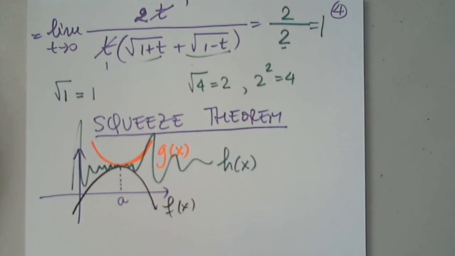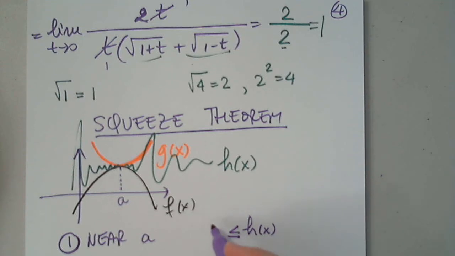And hypothesis number one. From the graph, would you agree that near a, I have h of x sandwiched between f of x below and g of x above?